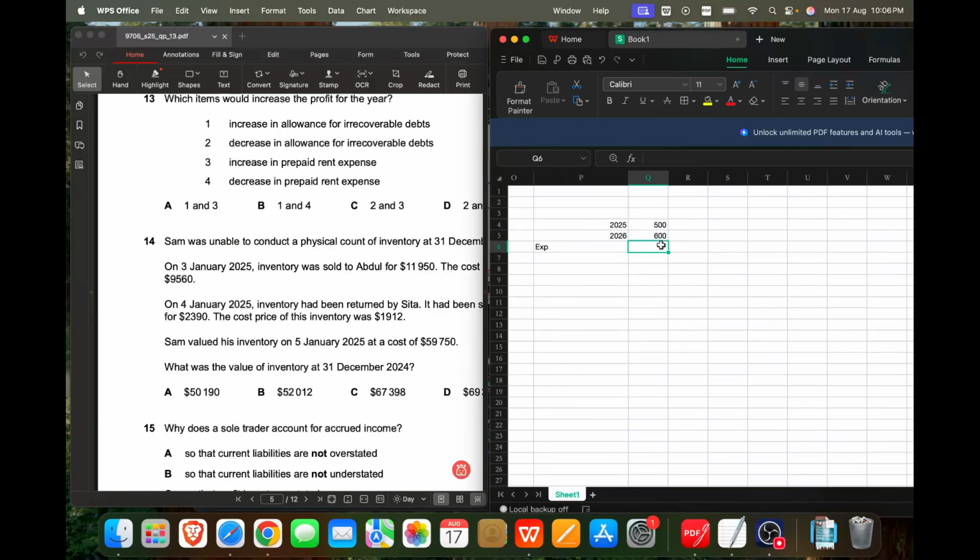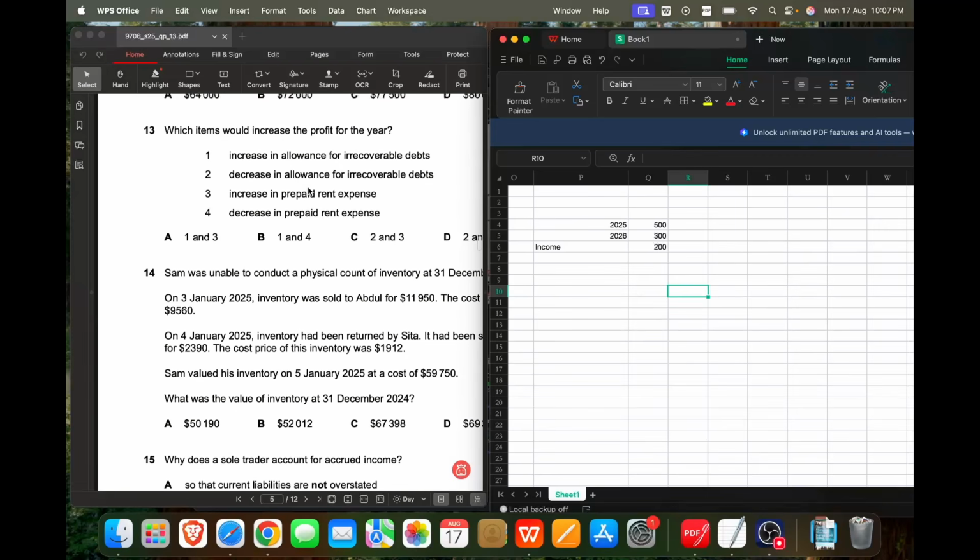But if my allowance for irrecoverable debt is decreasing, so let's say if this is only 300 in 2026, then this would be considered as my income, because last year I kept 500 aside for allowance for irrecoverable debt, but now we need only 300, so 200 can be transferred back to my income account from allowance for irrecoverable debt.